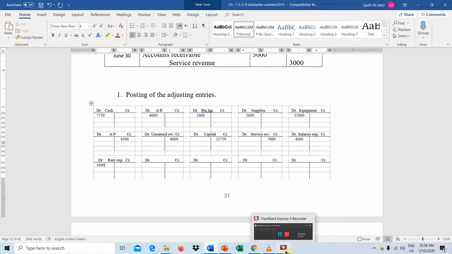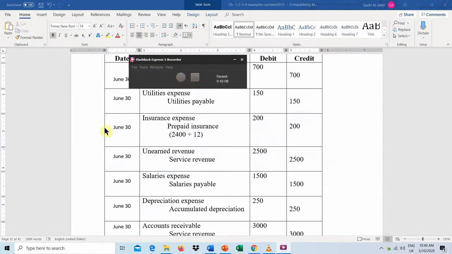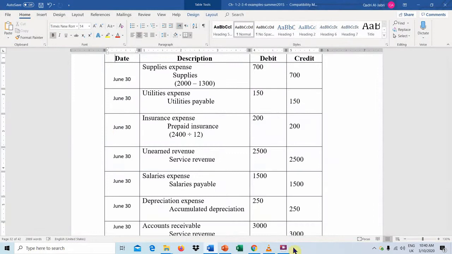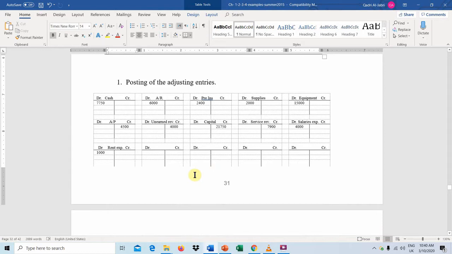Okay, now I will start posting from the adjusting entry. So in the first adjusting entry, we debited supplies expense by 700. As you can see, we don't have supplies expense here.